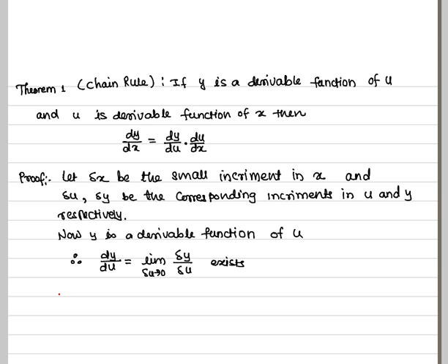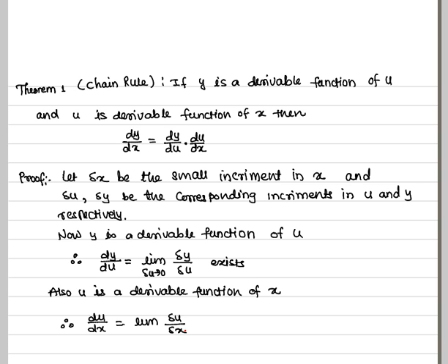Also it is given that u is a derivable function of x. Therefore, by the definition of derivability, du by dx is equal to the limit of delta u by delta x as delta x tends to 0, exists.